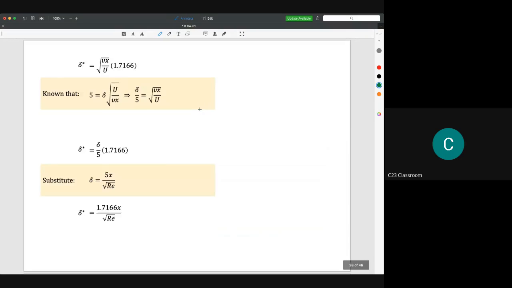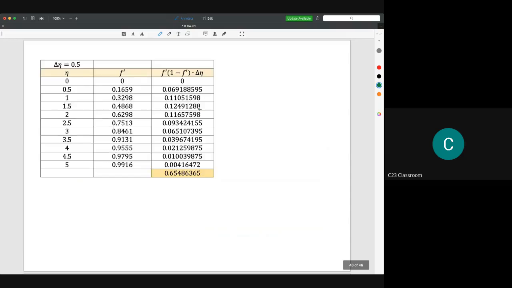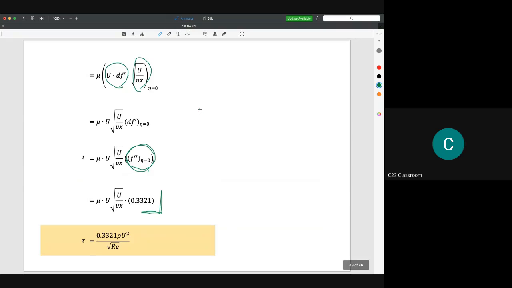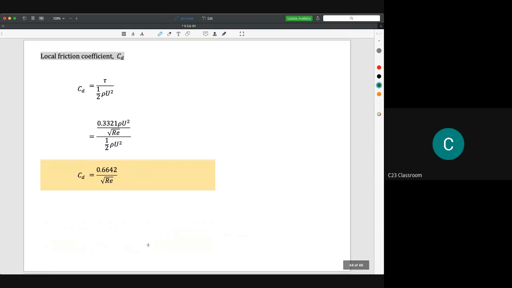So you substitute the value 0.3321 and you will get the value of tau, which is now equal to 0.3321 rho U square over square root of Reynolds number. Then you could calculate the local friction coefficient as in the von Karman steps previously. So we have tau over one half rho U square, we substitute the value and then we get the value of Cf.